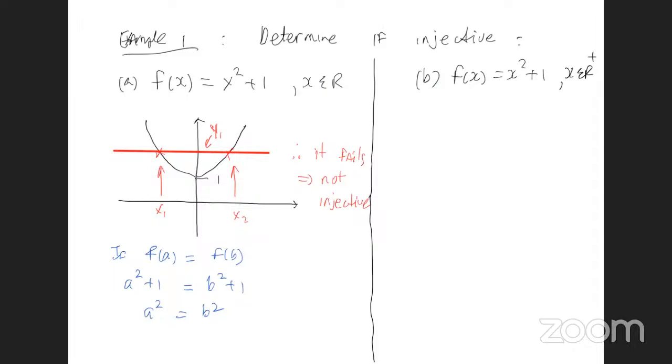What do we do now? Square root both sides. When you square root, you will get the square root of b squared. What is the square root of b squared? What is the square root of 4?